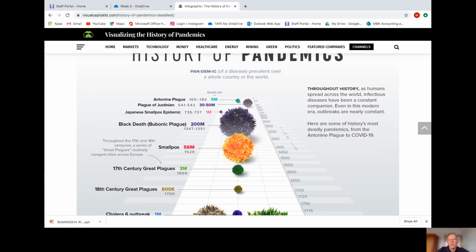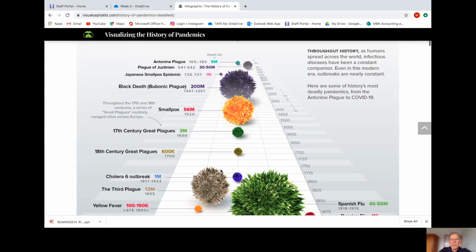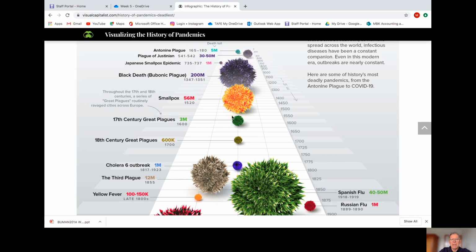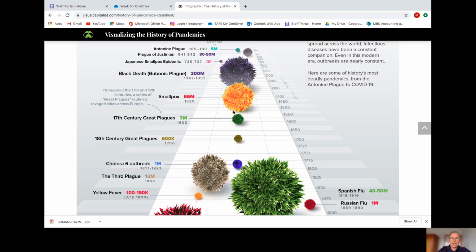I think we'll go and have a look at that in proportion to the population at that time in the 1300s. Smallpox, 56 million in 1520, but it was only recently wiped out. It was still killing millions of people through the 17th, 18th, and it's only in the last 80 years, maybe 1960 or so, that the last case was eradicated through vaccines.